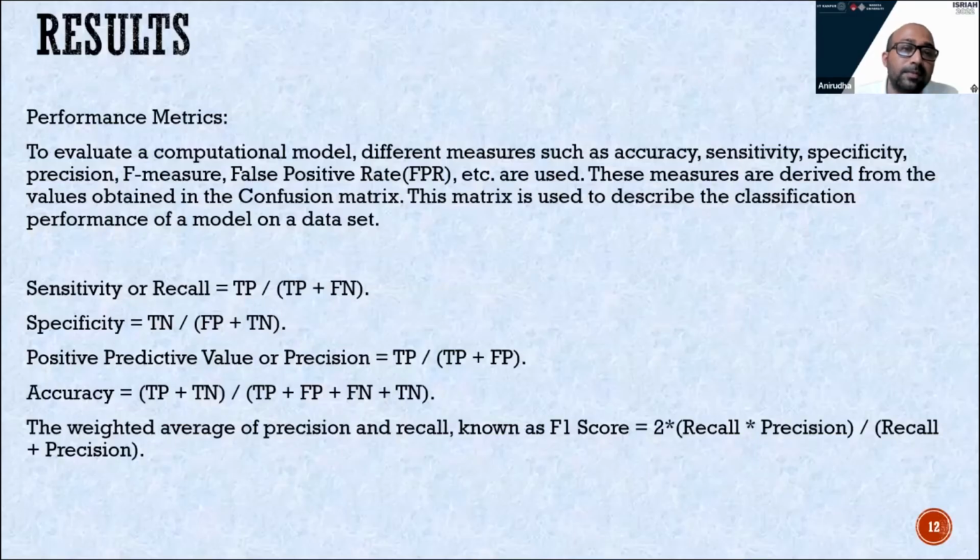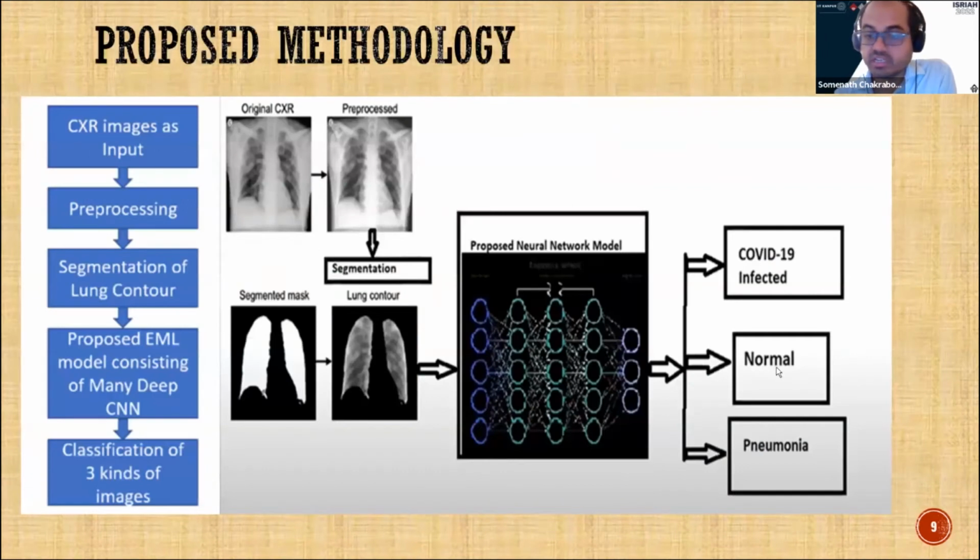Especially when we feed the system, it is able to detect three kinds of things. One is COVID-19 infection. That is our main goal, to detect COVID-19 through any kind of X-ray images. If you feed the system any X-ray image for testing, it can detect whether it is COVID-19 positive or not.